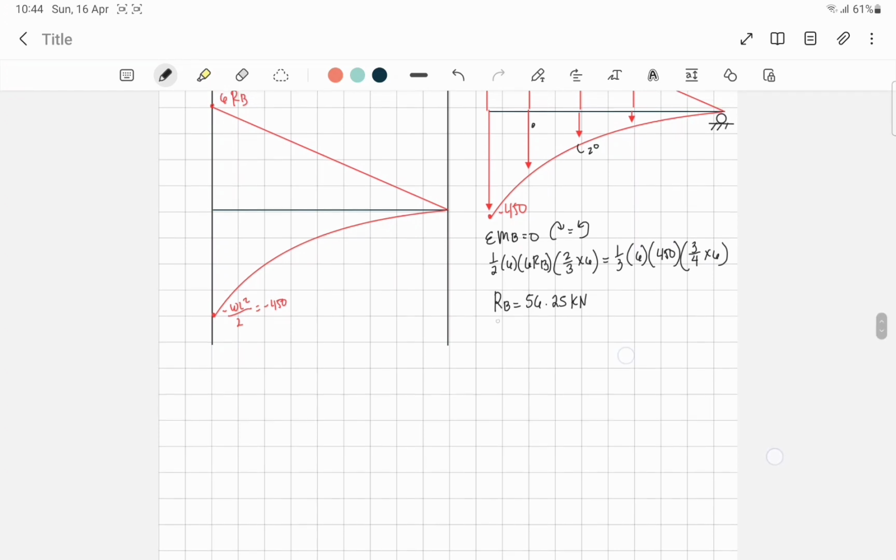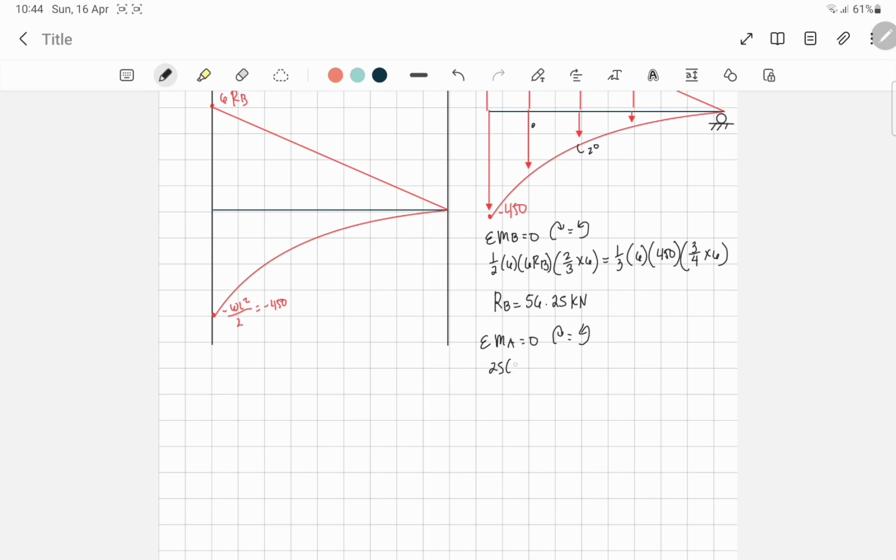Now, solving for our remaining reactions. Take summation of moments at A equal to 0, clockwise equal to counterclockwise.